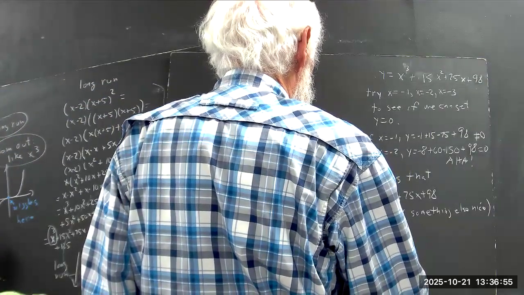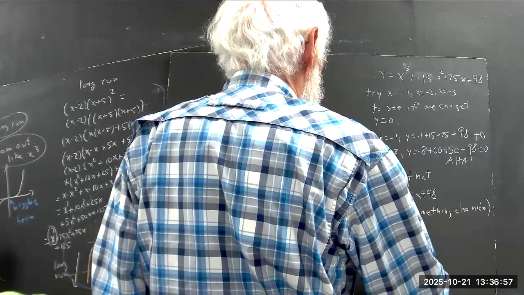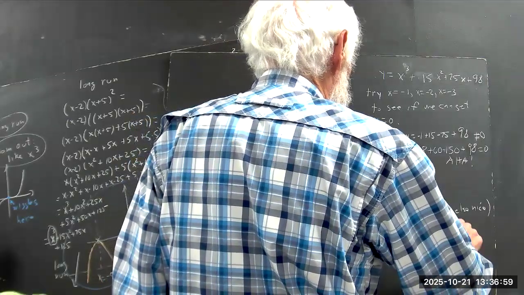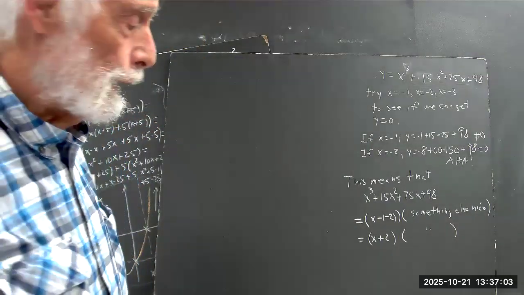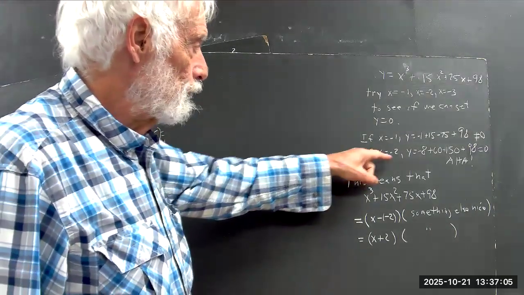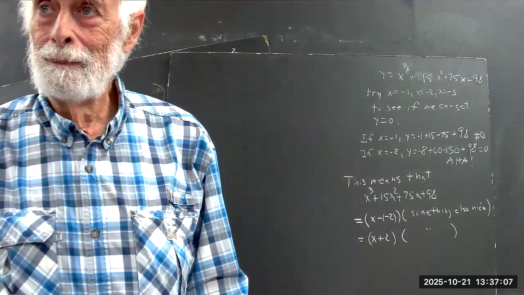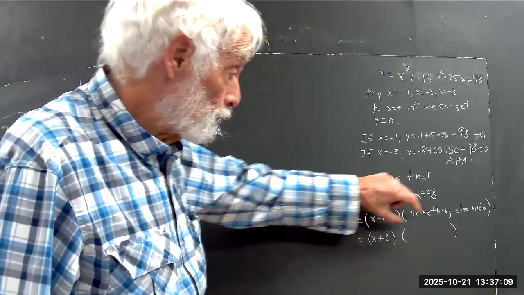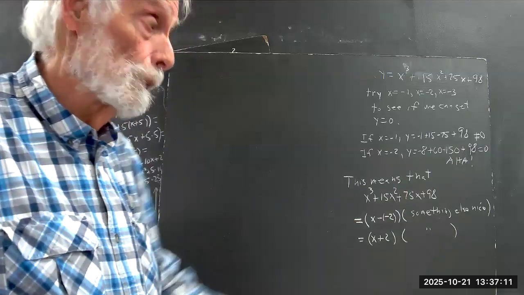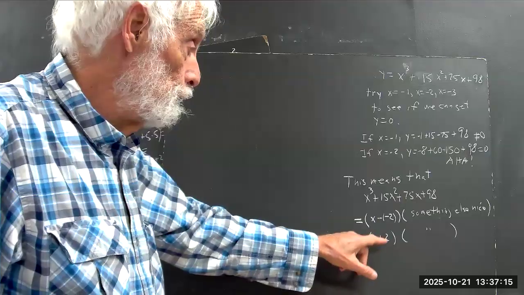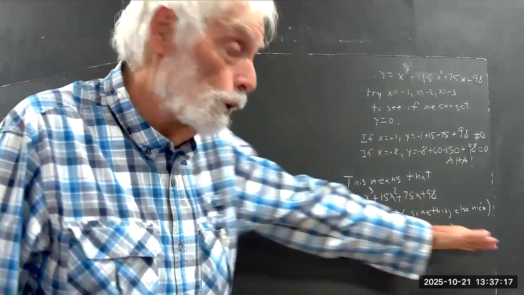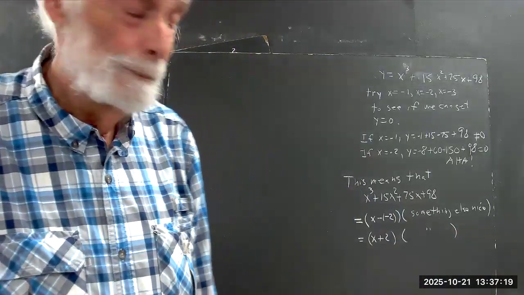And that then equals x plus 2 times something else nice. It has to, because if x equals -2, it's 0. It's equal to x plus 2 times something, nice or otherwise. But if x is -2, this is going to be 0, so the whole thing's going to be 0.